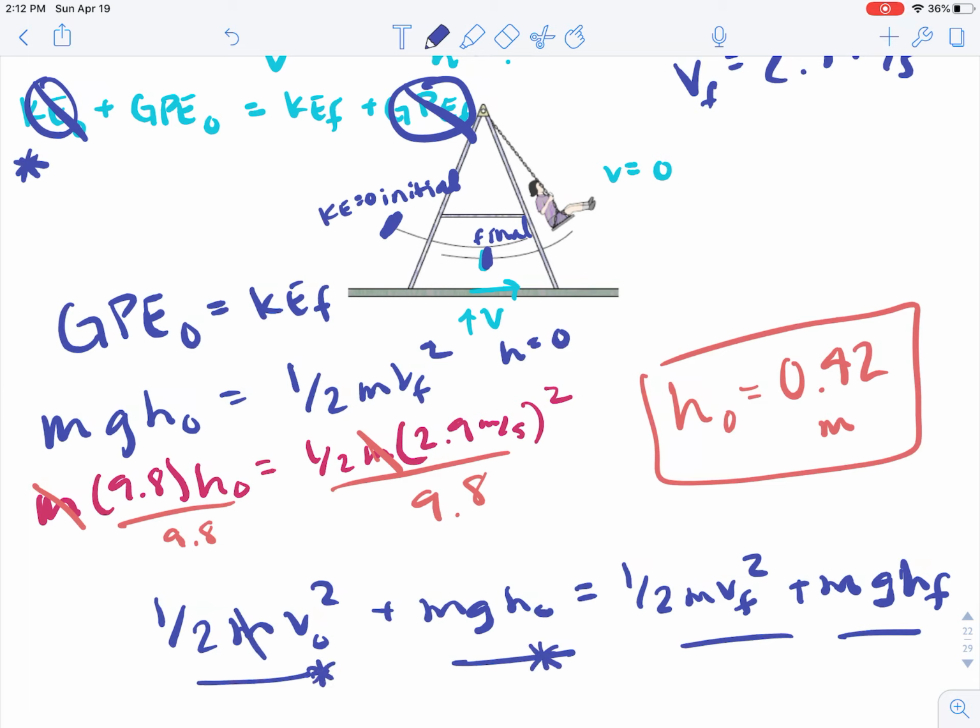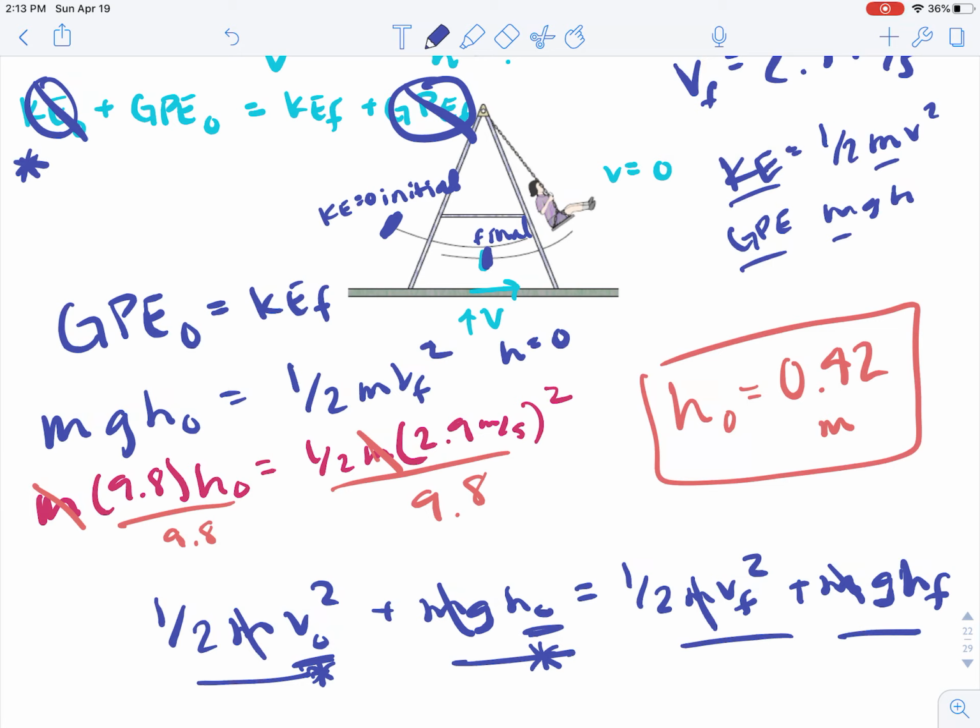So if I'm solving for velocity or height, I don't really need to know the mass because it cancels. But sometimes problems will ask us to solve for energy. And since both kinetic and gravitational potential depend on mass, if I'm looking for energy, I cannot cancel out mass because mass makes up each of these types of energy. But if I'm looking for velocity or height, I can cancel out the mass to make it simpler. It doesn't matter if you do cancel it out, it's just an option if you want to.